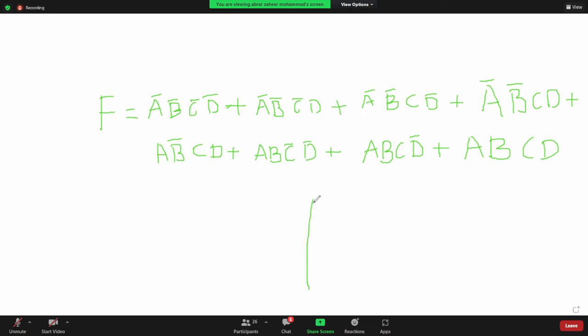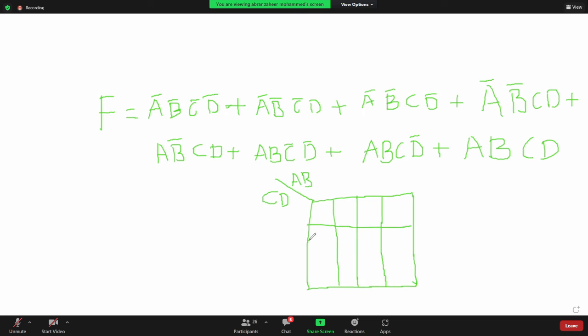For this, you have to draw the four variable K map. Here we are having inputs 0 0, 0 1, 1 1 and 1 0.